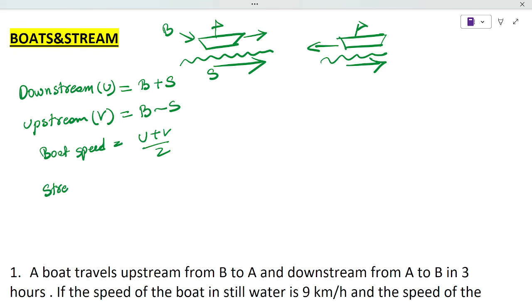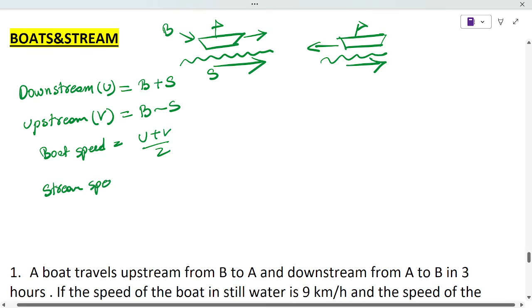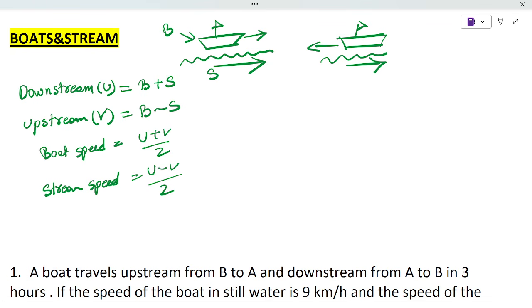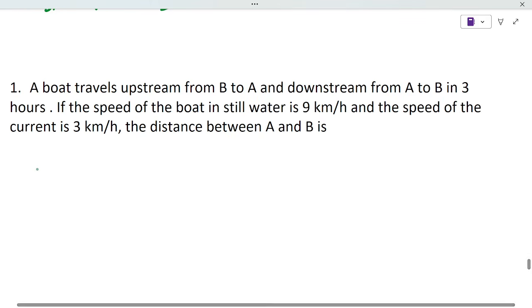The speed of the stream is downstream minus upstream divided by 2, right. So while keeping this in mind, let's try question number 1.